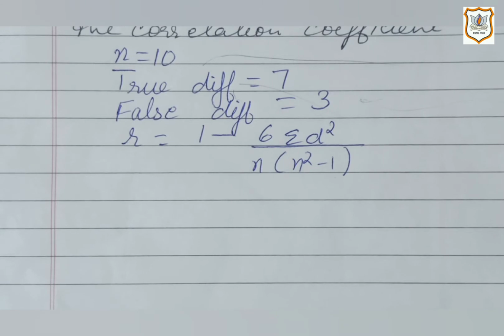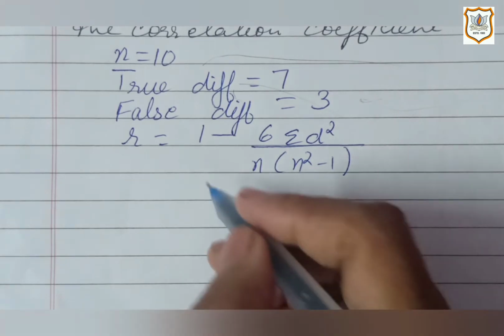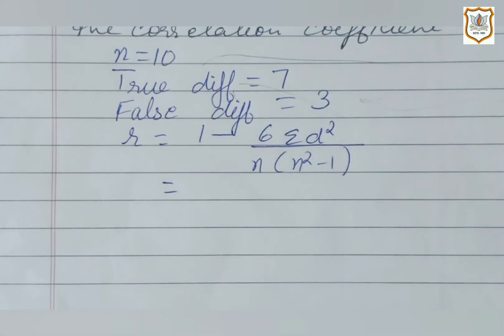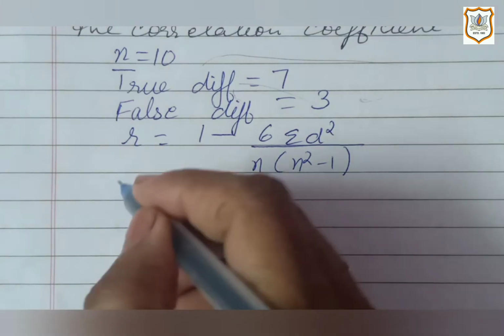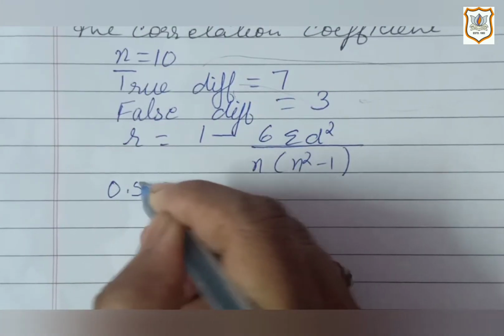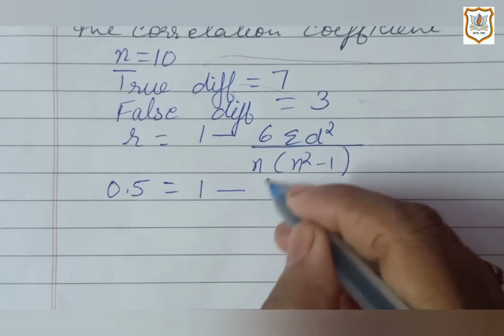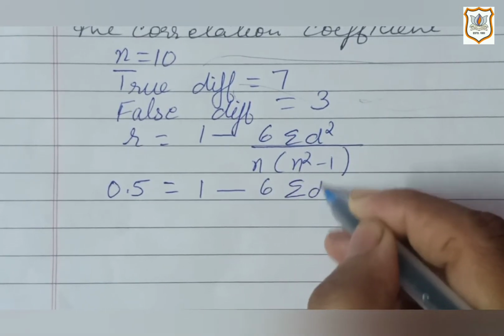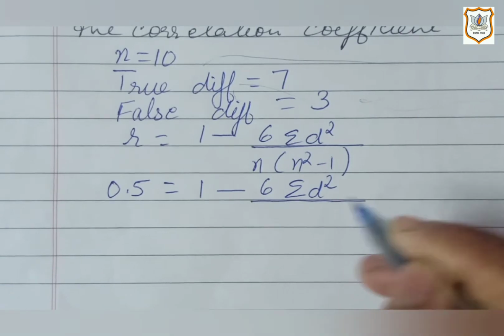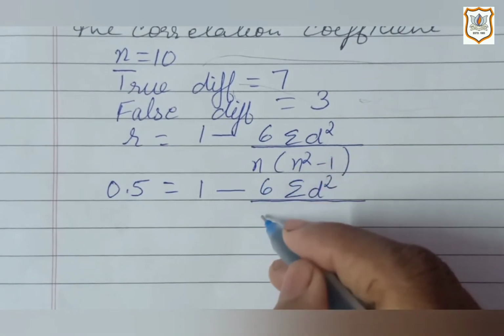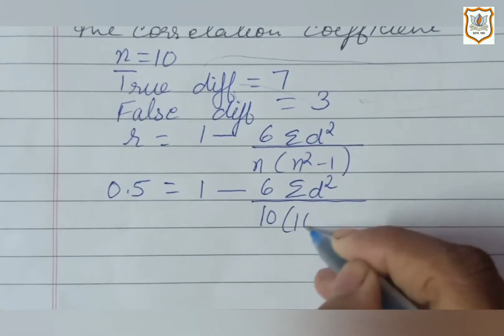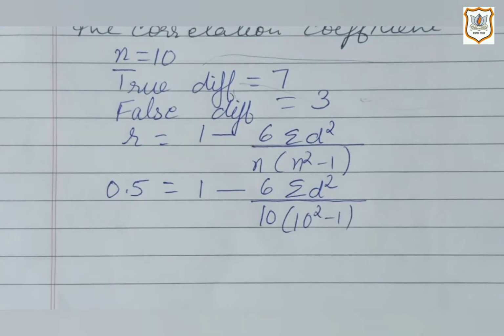Now what will we do? First of all, substitute the values. R is given as 0.5, 1 minus 6 sigma d square, which we don't know, so we have to find it out. N is 10, and this is 10 square minus 1.